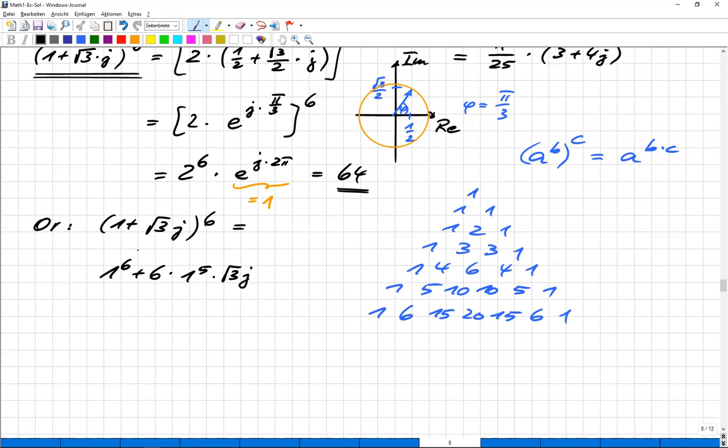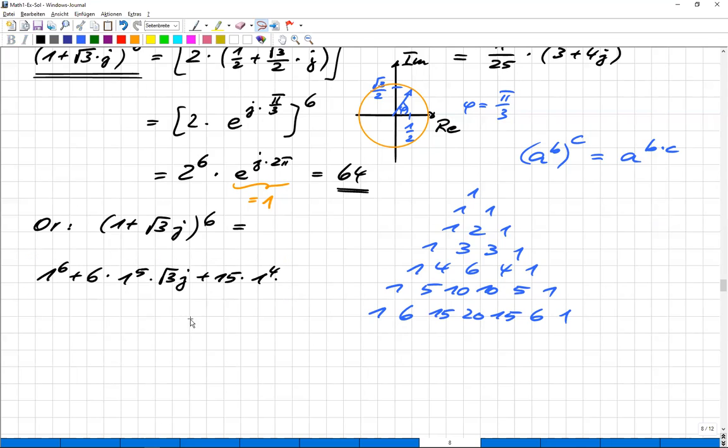That's like a to the 5 times b to the 1, the scheme of binomial formulae with higher exponents. And then I would get plus 15 times 1 to the 4 times, you know what I mean, and so on.